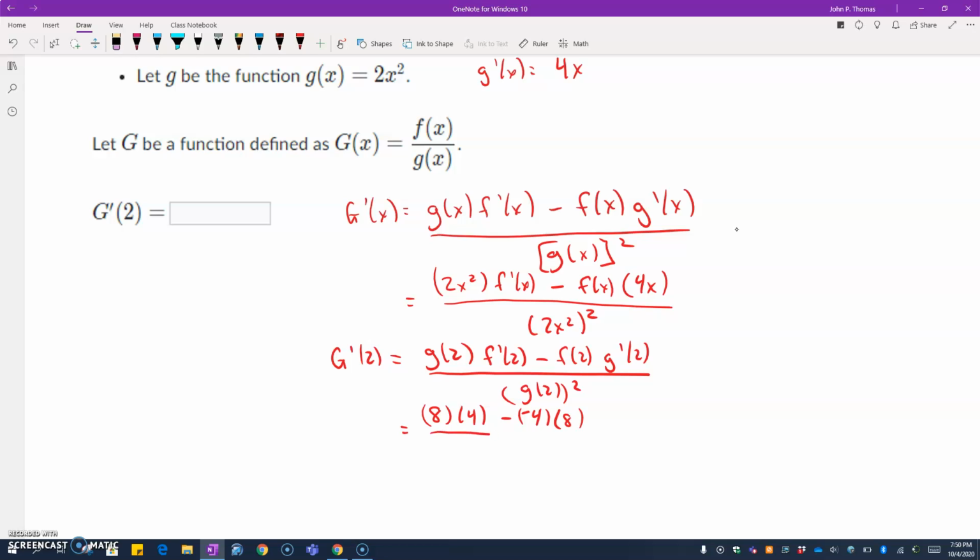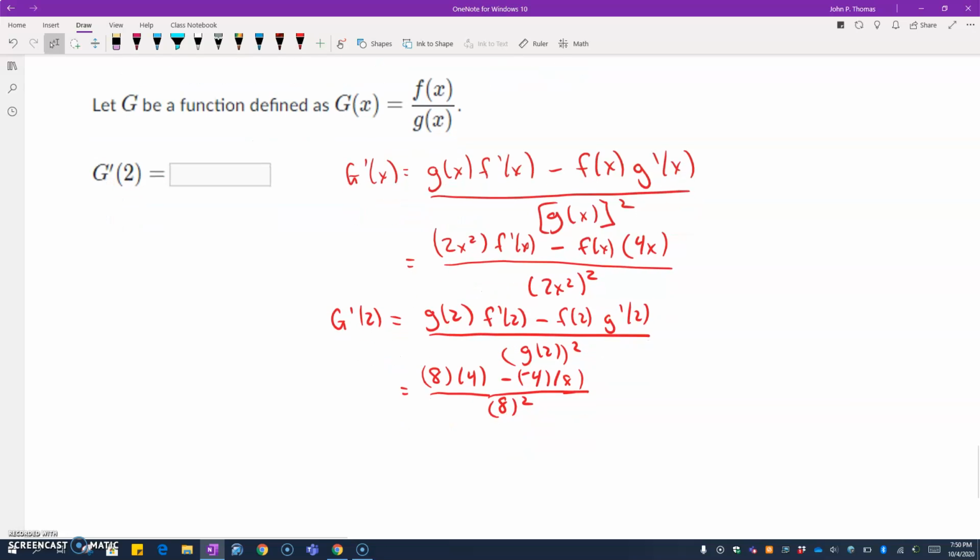And that's all over g of 2, which is 8 squared. So if I push this together, I've got 8 times 4, which is 32, minus a minus, so plus 32, all over 8 squared, which is 64. That's going to be 64 over 64, which is 1. So g prime of 2 in this case is 1.